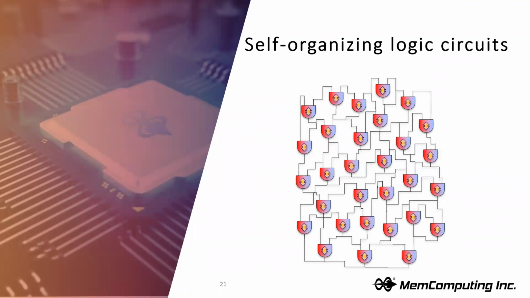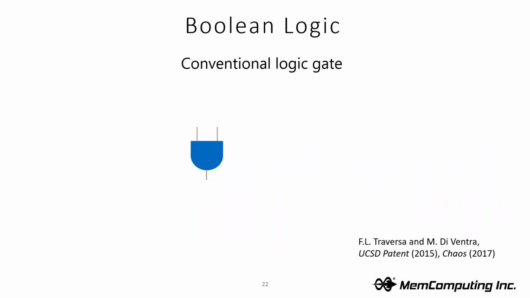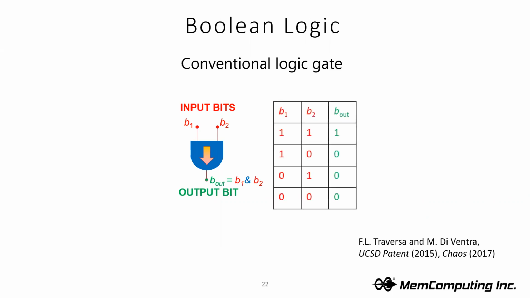Let me introduce in a little more detail what self-organizing circuits are. Before doing that, let me very briefly recall what a Boolean gate is. A Boolean gate is a very basic input-output object, to be more precise. We can feed inputs to the input terminals, and it will return an output at the output terminal, following what we call a truth table. This is, for example, the truth table of an AND gate.